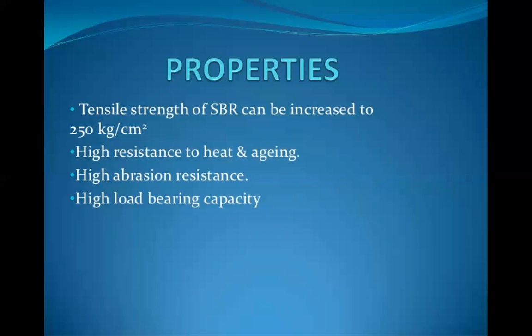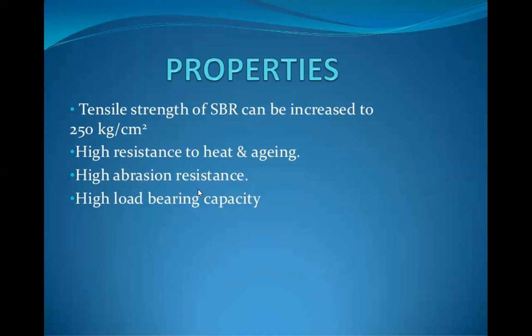Coming to the properties, this styrene rubber is a strong and tough polymer, and it is vulcanized by sulfur monochloride or sulfur. It resembles natural rubber in processing characteristics and quality of finished products.